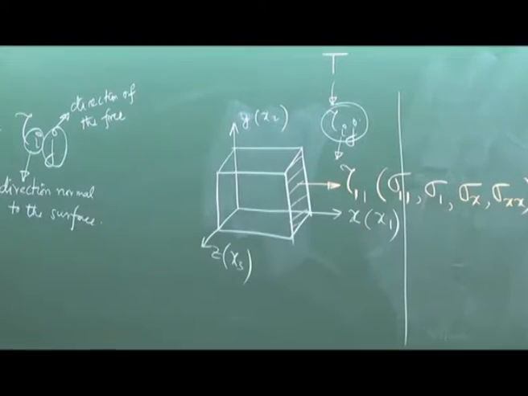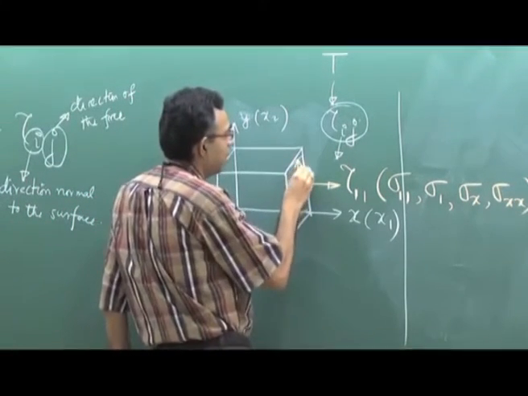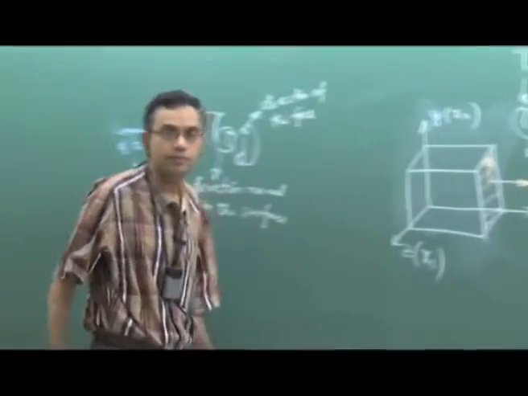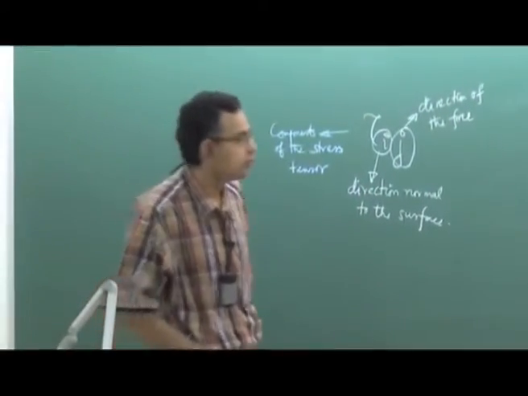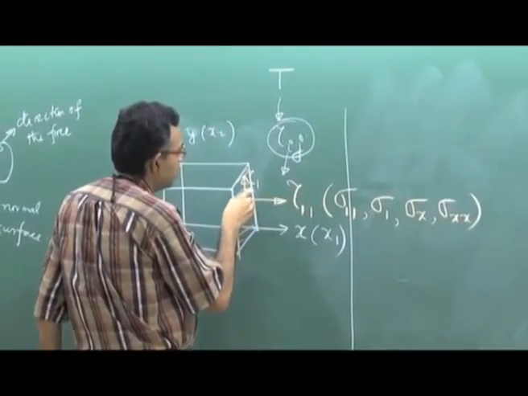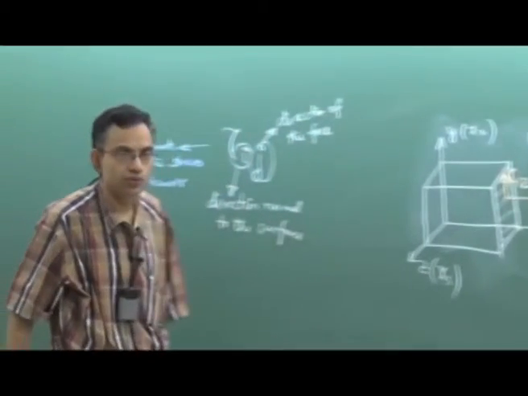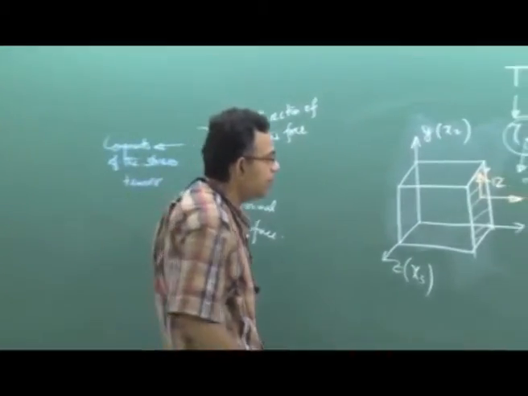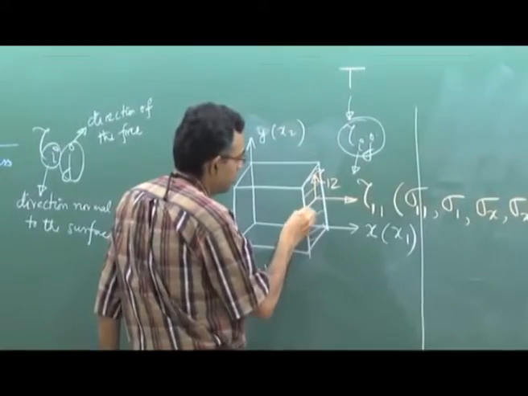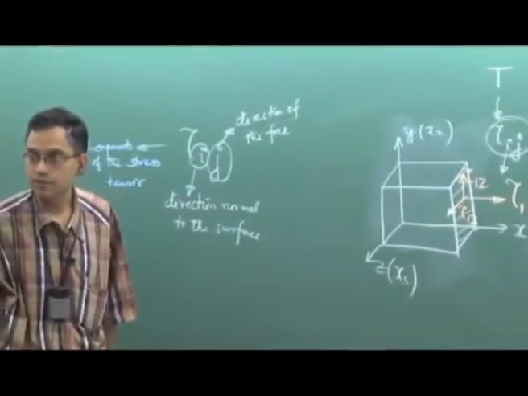Then think about this. This is tau 12. Direction normal to the surface is 1 and direction of the force is 2. Similarly, this is tau 13, right.